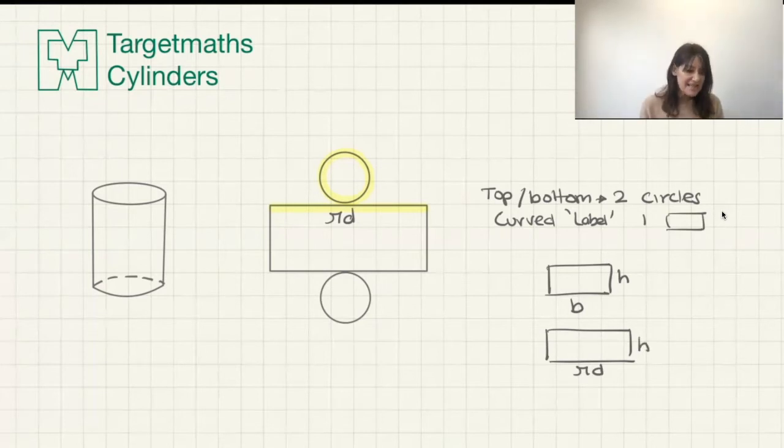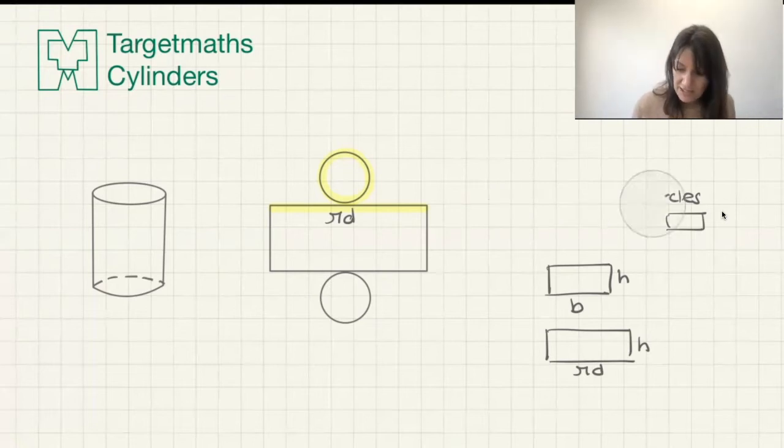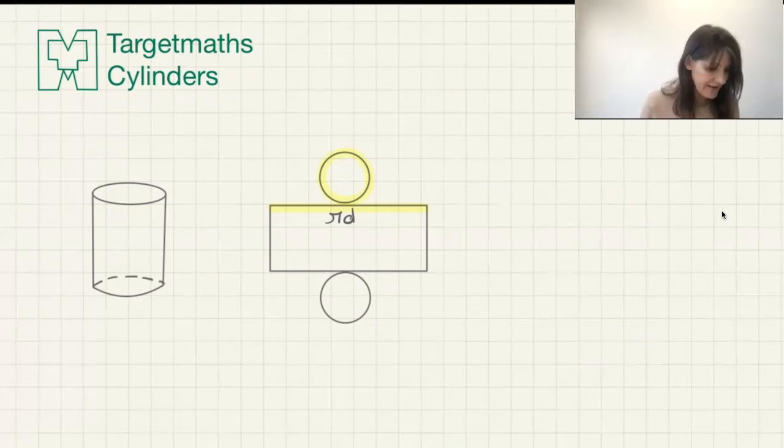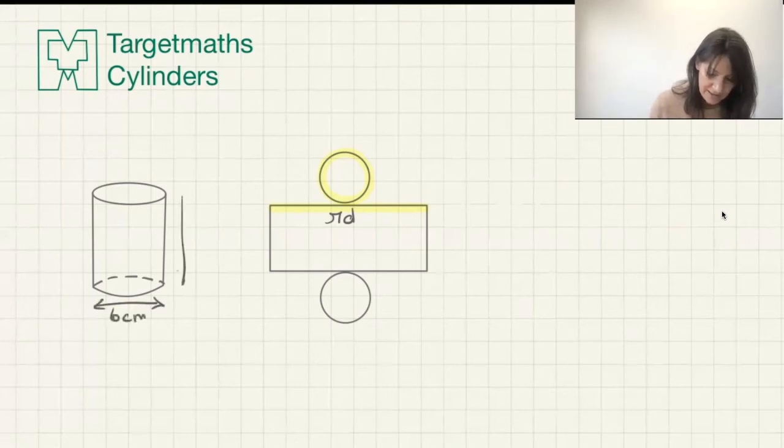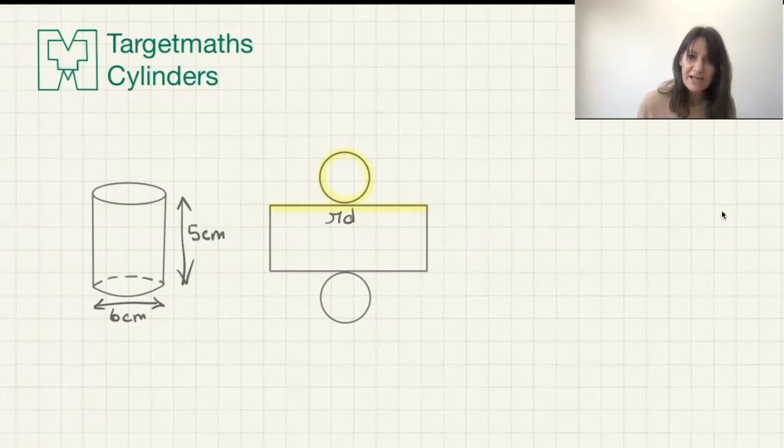Let's just see the whole thing in practice. Let's say I have a cylinder, and I'm going to say that this cylinder is 6 centimeters long and 5 centimeters up. If I'm being asked to find the surface area, the first thing I would do is probably start with the top and the bottom.